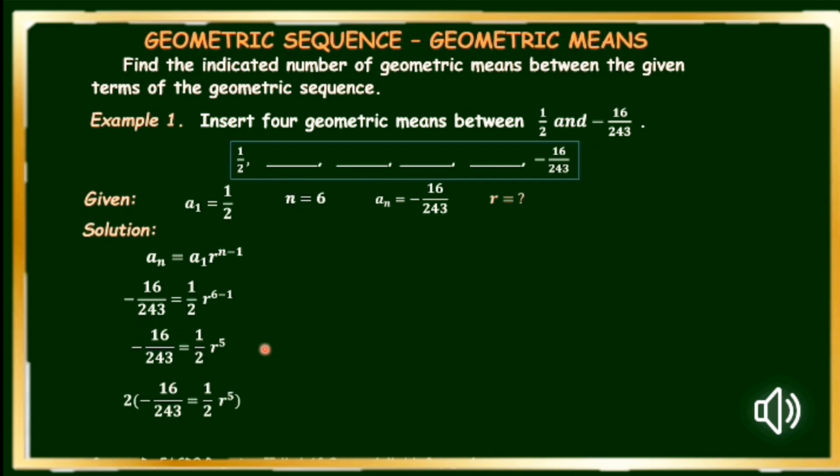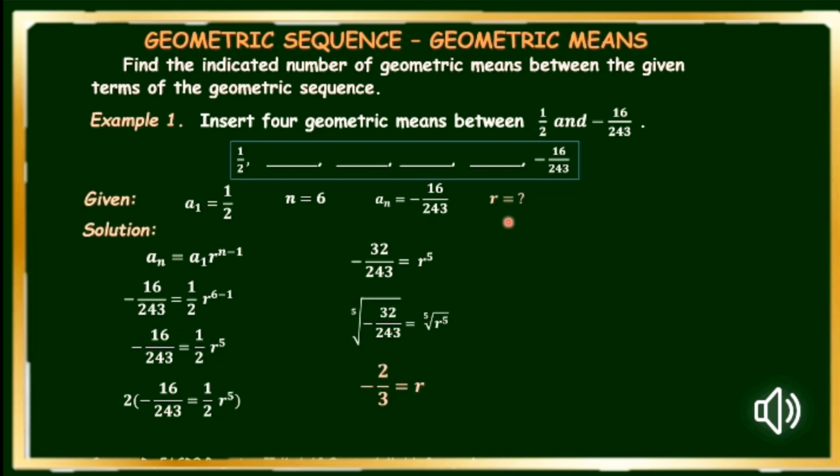We multiply both sides by 2 in order to eliminate this 1/2 here at the right. And this will be 2 times -16, -32 over 243 equals r to the 5th power. So we will get the 5th root of -32 over 243 and also the 5th root of r raised to the 5th power in order to get the value of r.